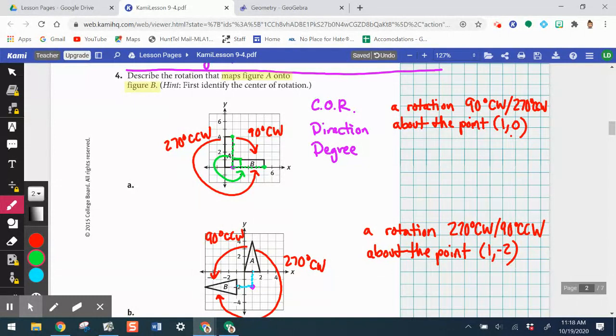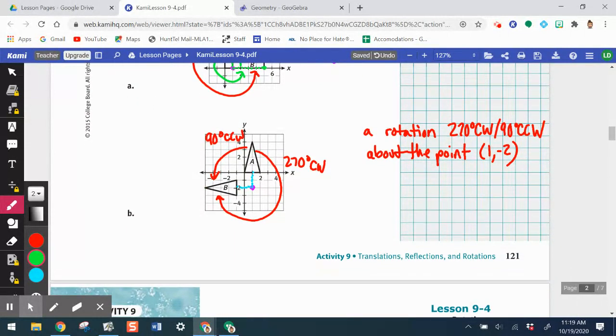This second one down here was probably a little bit tougher, but if you notice, none of the points on figure A remained in the same location to map to figure B. So we knew the center of rotation had to be off of the figure itself. And if you notice these little blue dots here, the way I figured it out was, however far a point is from the center of rotation, that's how far it has to be after the rotation.